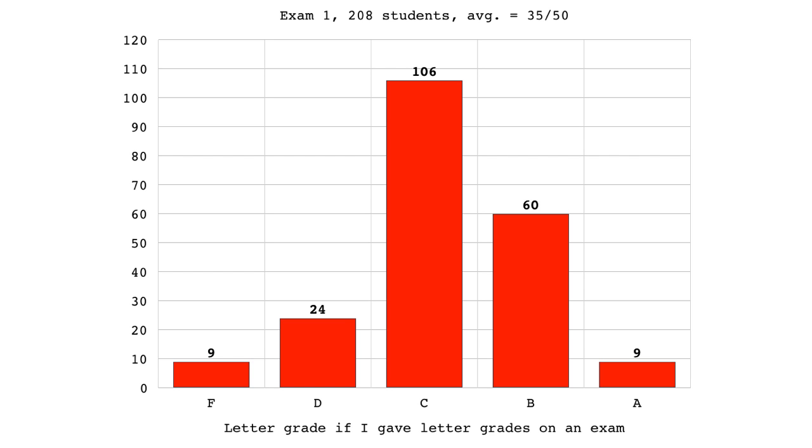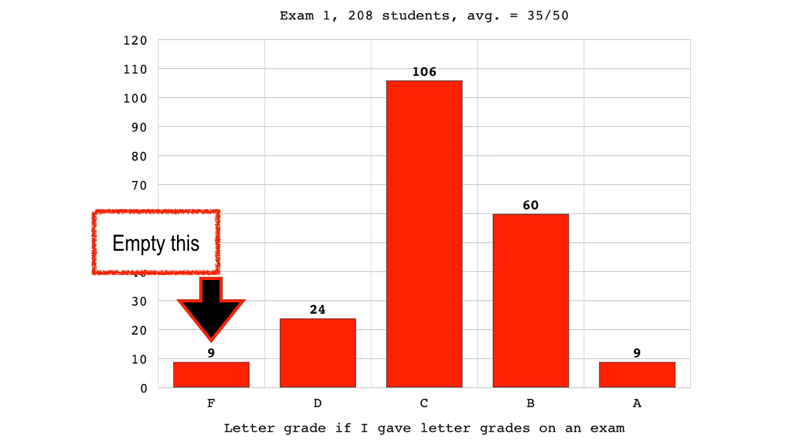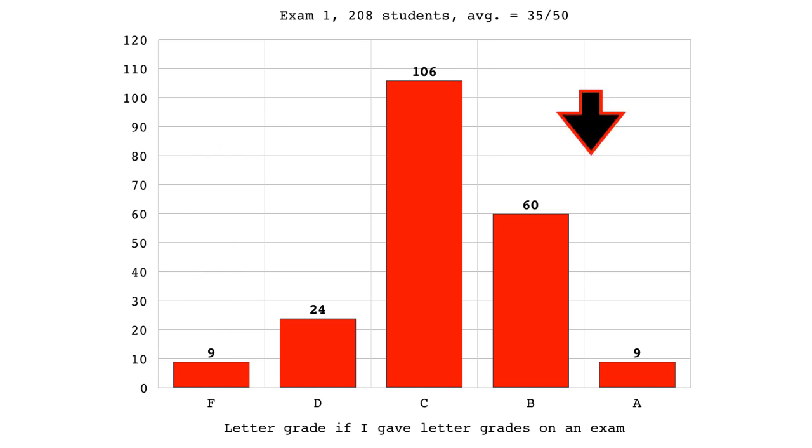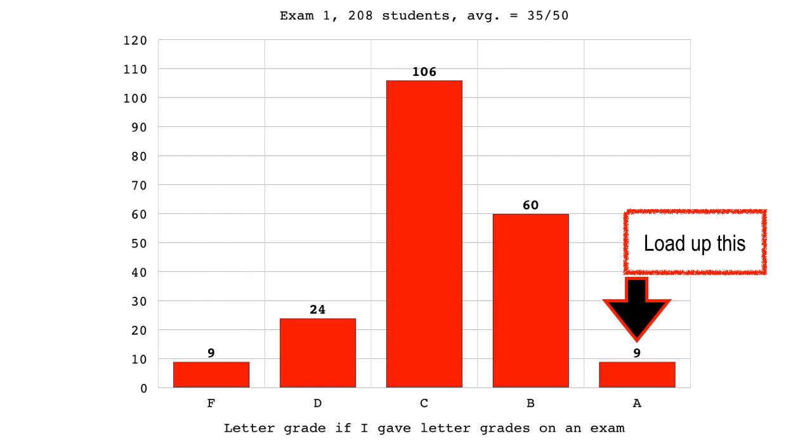Because my objective is to empty out this section here and get as few people flunking as possible, and then load it up over here. I want to load the B's, and the C's, up here. And it's already loaded up quite a bit more than the D's.